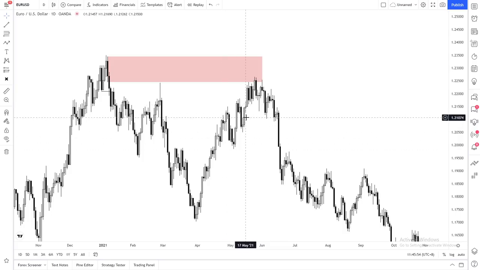When we're seeing compression into a higher time frame, as in Inner Circle Trader PD array, when we're seeing compression come into a higher time frame supply and demand zone, we should probably hold off on the buys. Probably take some profits from our buys, hold off on it, pay attention to some structure shifts. Because if the structure shifts from here, there is a very high chance, not 100%, because we're in the game of probabilities, there is a very high chance that price is going to sell and take these guys out.